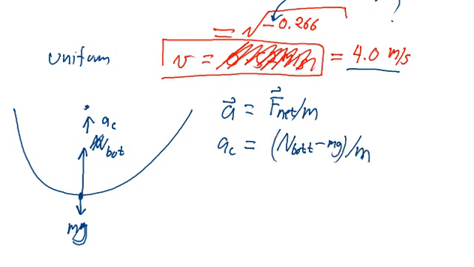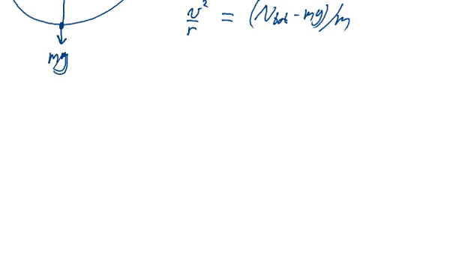The acceleration will be v squared over r. And now I want to solve for N bottom. I have to do a few steps of algebra. So we'll cross multiply.